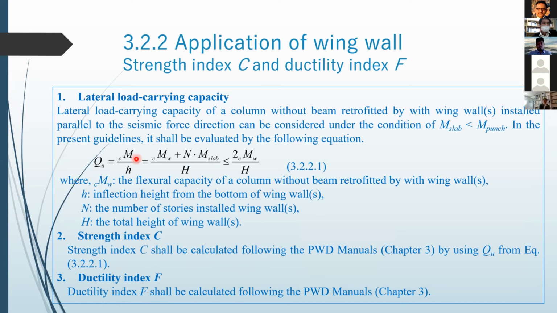To calculate the contribution, first we compute QU. It is the lateral load carrying capacity of a column with a wing wall. And after that, we calculate the C index, just by dividing QU by the weight of the building. And the F index shall be calculated from the PWD manuals.